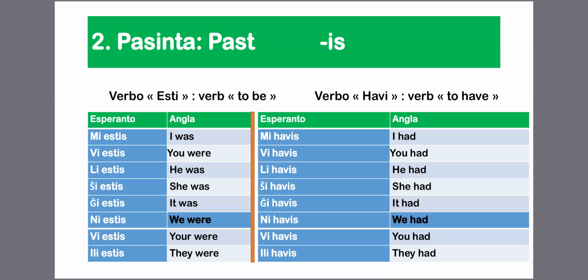So I only took two verbs here, the verb to be and the verb to have, as an example, but we still have a lot of verbs which you can convert and use in the past. But as the time is limited, let me only focus on the two. But as long as we keep following the class, you will see that we bring other new verbs as a part of our lessons.